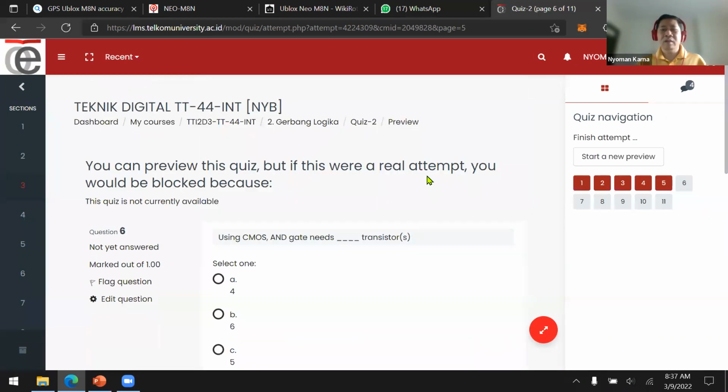And then the AND gate, remember what we discussed earlier, AND gate is actually a NAND gate plus an inverter. So the NAND gate needs 4 transistors and the inverter needs 2 transistors. So the total is 4 plus 2, and the AND gate needs 6 transistors.